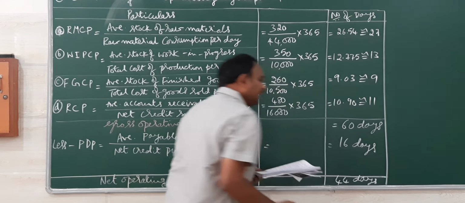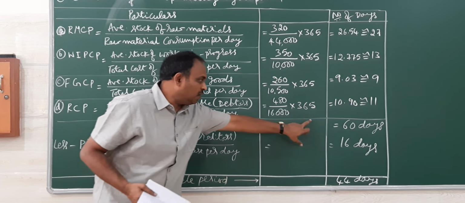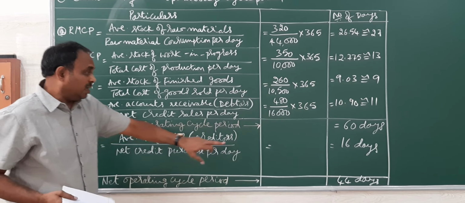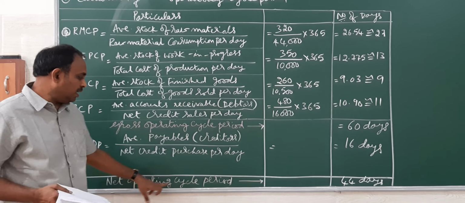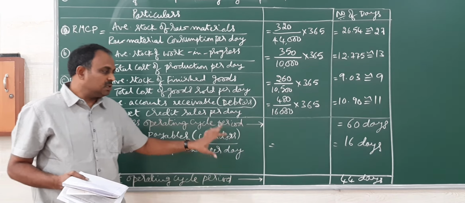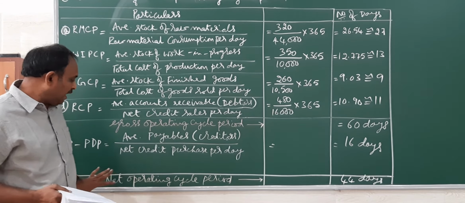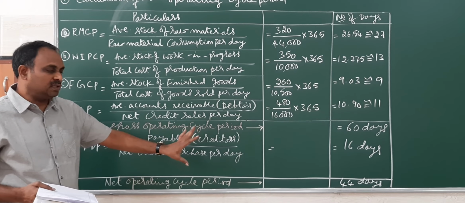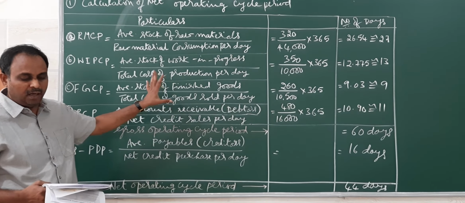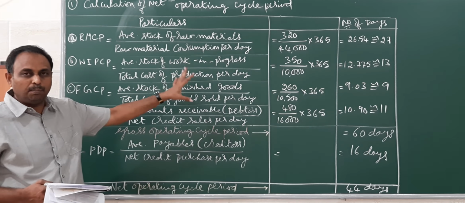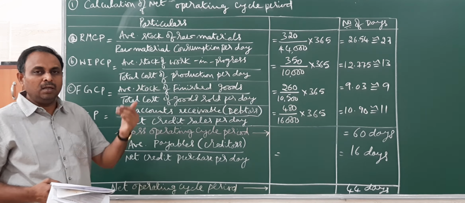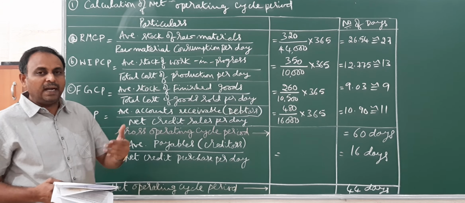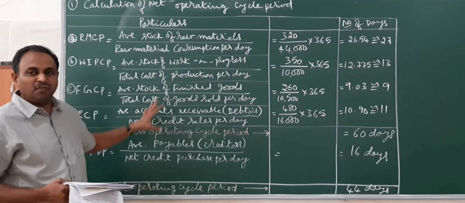When you deduct 16 from 60, you get 44 days. That is the net operating cycle period, the net value of 44 days. So in 44 days the operating cycle is going to be completed. Please go through the formula and the format. This completes the first problem.